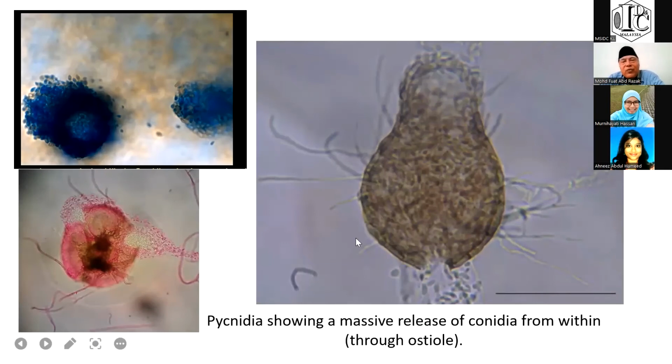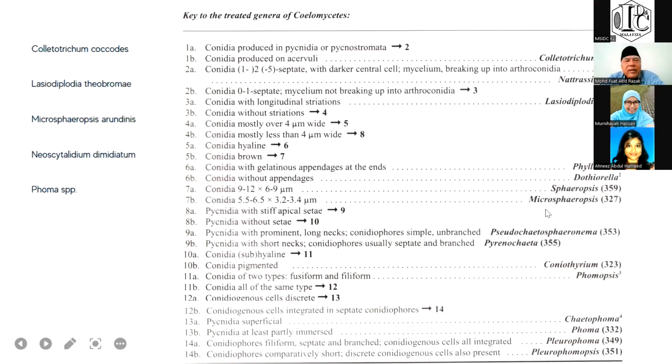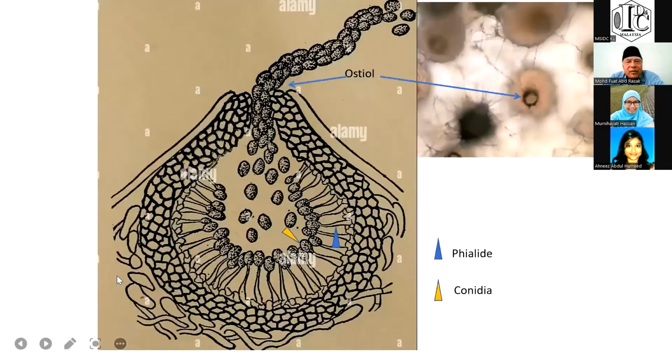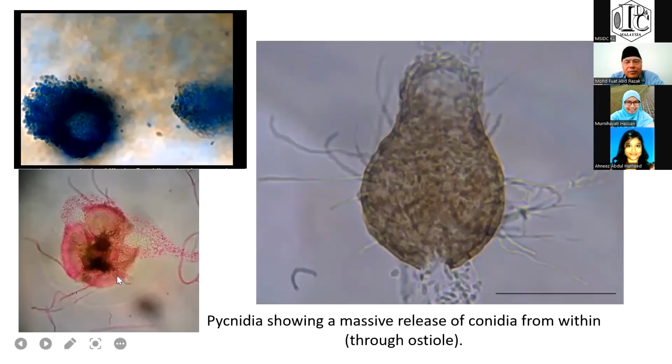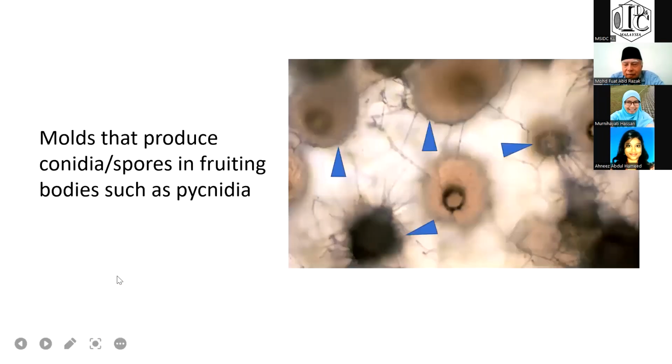So if you see fruiting bodies, a very big structure compared to the hyphae here, and usually dark in color, and you see a lot of single-cell conidia released from the structure, so this fungus could be called coelomycete.